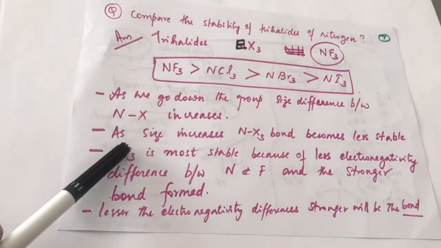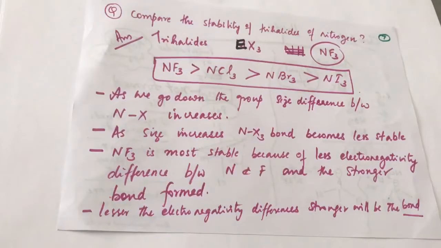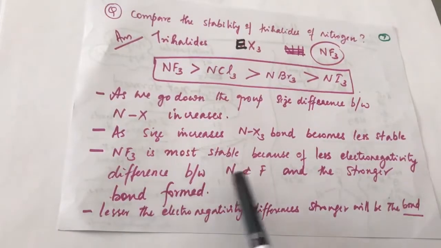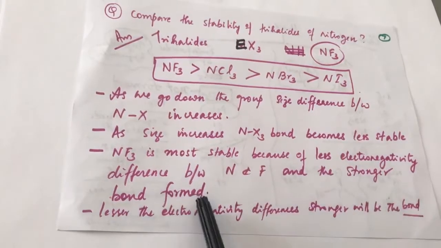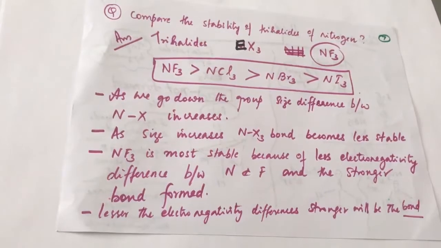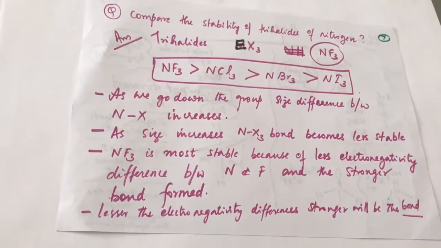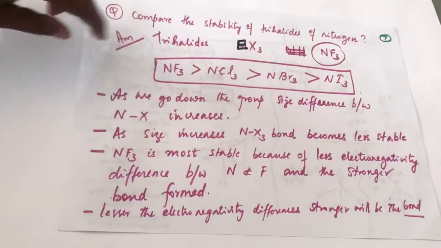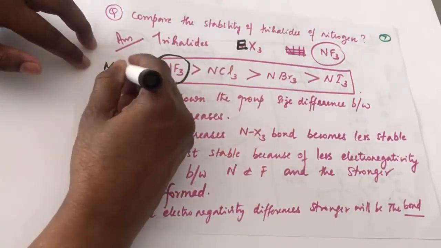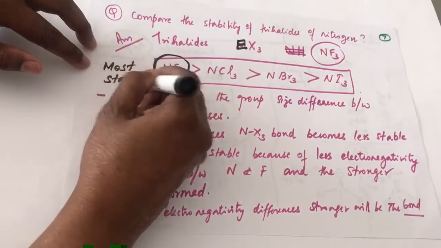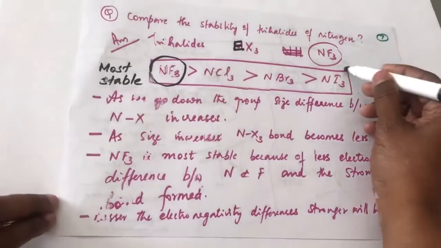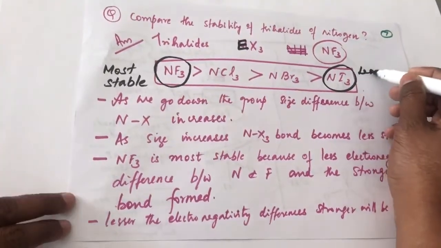As the size increases, the N-X bond becomes less stable. NF3 is most stable because there is less electronegativity difference between N and F, and a stronger bond will be formed. So the lesser the electronegativity difference, the stronger the bond. So which is the most stable? We can say that NF3 is the most stable among the trihalides of nitrogen, and this will be the least stable.